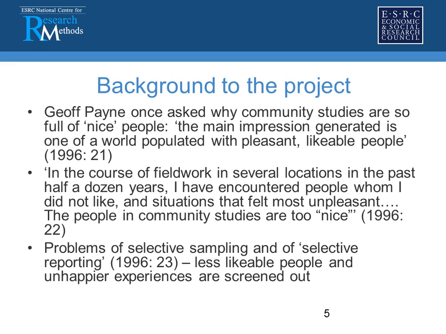How is it that in these accounts those people don't seem to figure in these particular communities? As Jeff put it, the main impression generated by classic community studies is of a world populated with pleasant, likable people, and that's fair enough, and if the world were like that, that's fine. But one finds oneself scratching one's head and saying, well, yeah, but what about all those other people?